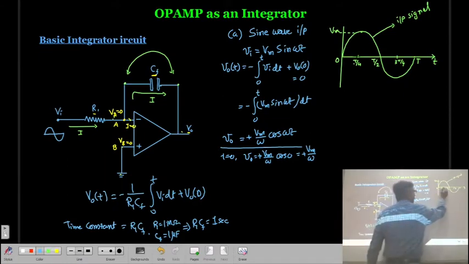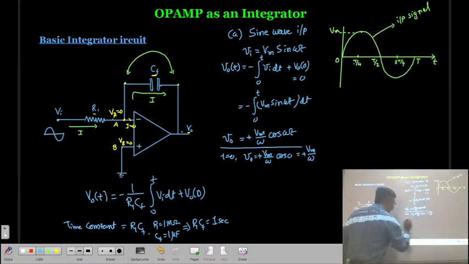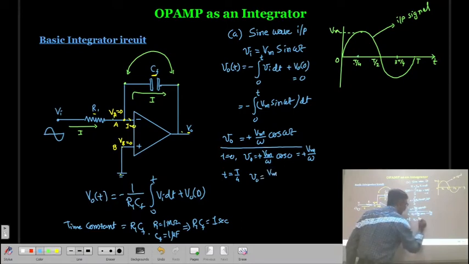Now if I take t is equal to T by 4, so the output voltage will be equal to Vm by omega into cos. Now what is omega?